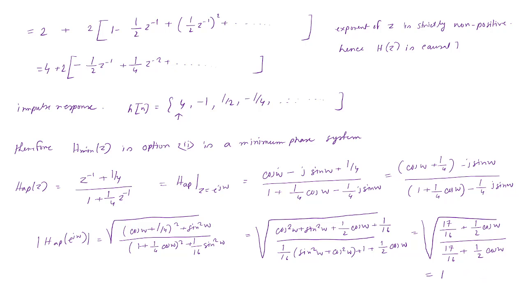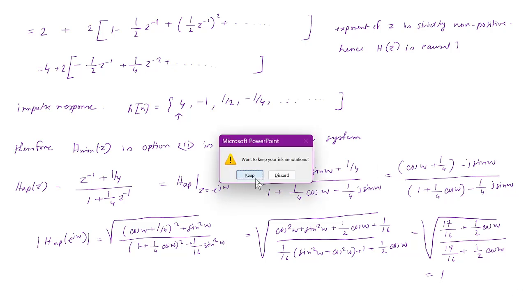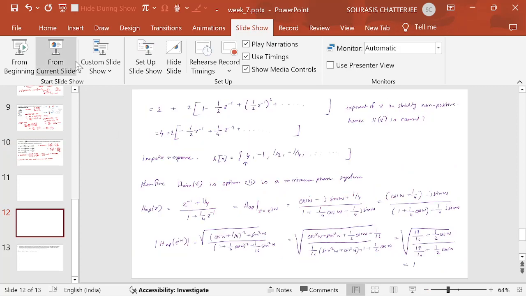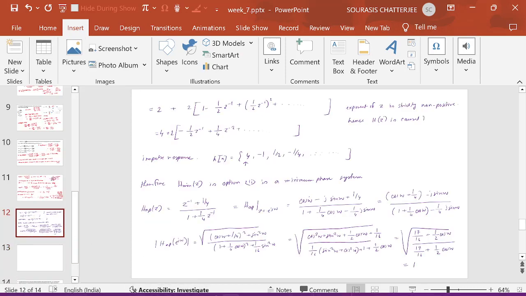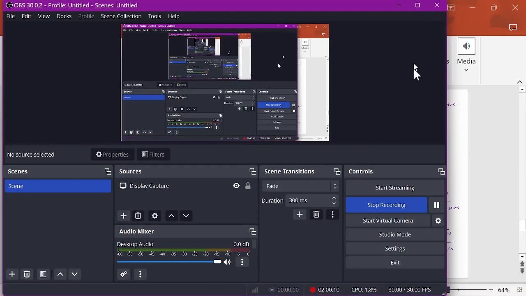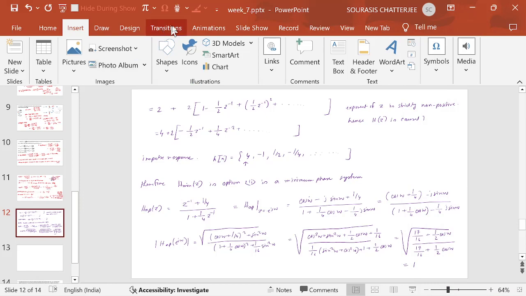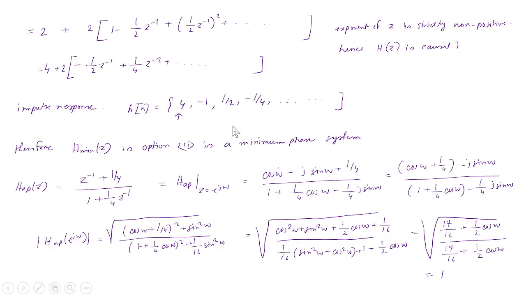So this is an all pass filter. Let me write it down here that this stands for all omega, irrespective of the frequency, the absolute transfer function takes a value of 1.